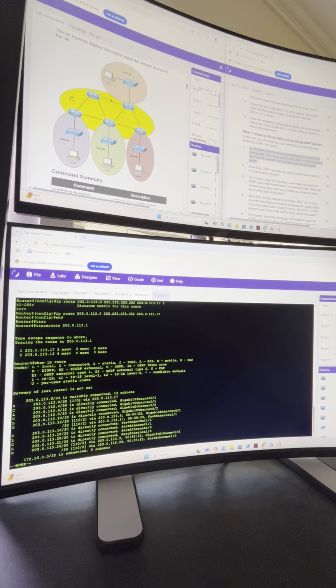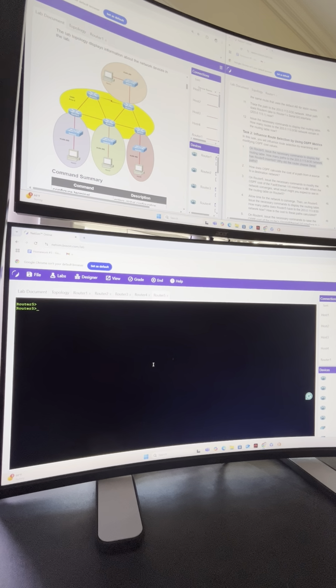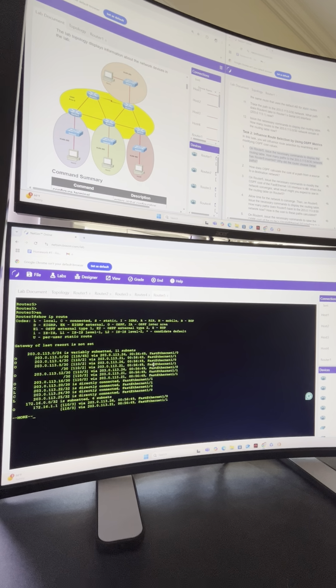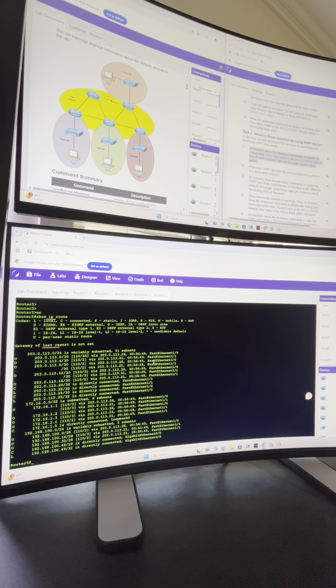So let's go to router 5. Let's do an enable. Let's do a show ip route to display the routing table. And we want to specifically look for the 203.0.113.8/30. So that is this entry right here. And we can see it has 2 entries because of the administrative distance of 110.